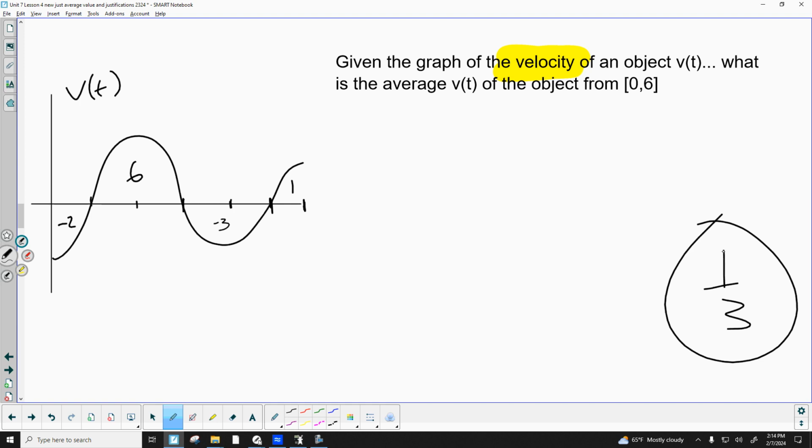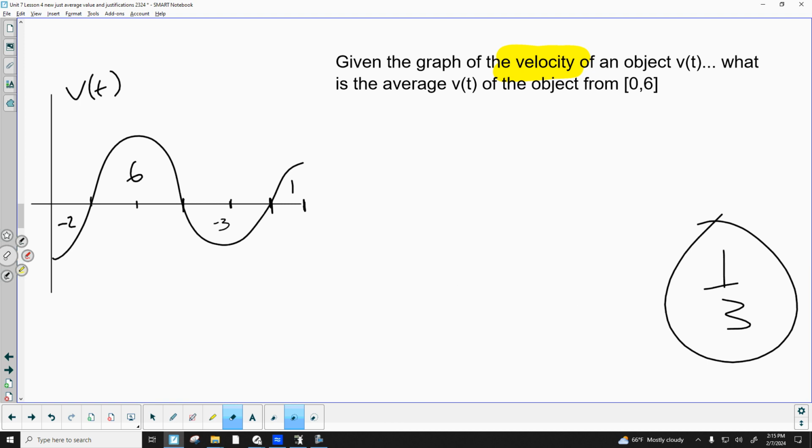You need to accumulate your position equation, which you can do with the calculator easily. But if you don't have your calculator, you have to use the antiderivative, which means for that previous question, and only for that previous question, I had to go from V, antiderive to X. Since I want to accumulate X, I have to use big X.